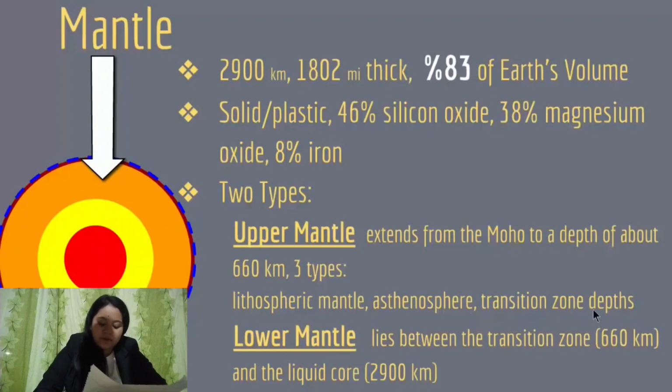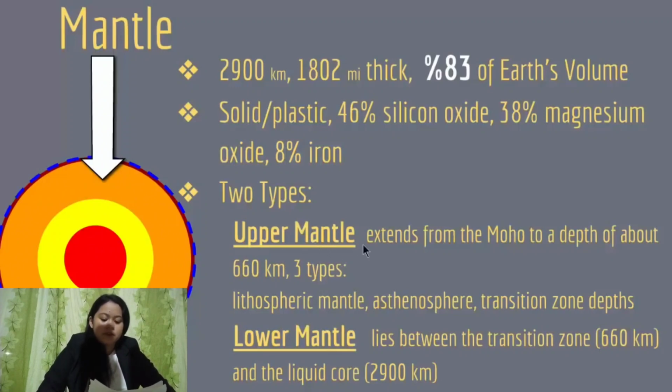The geothermal gradient is responsible for different rock behaviors, so it is usual to divide the mantle into different zones, the upper mantle and the lower mantle.